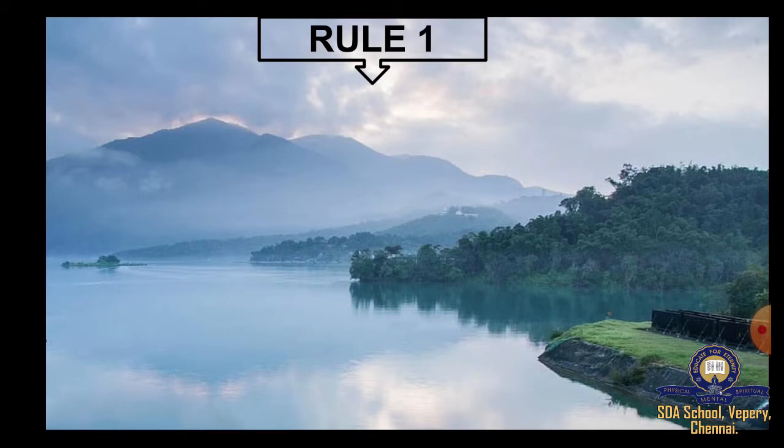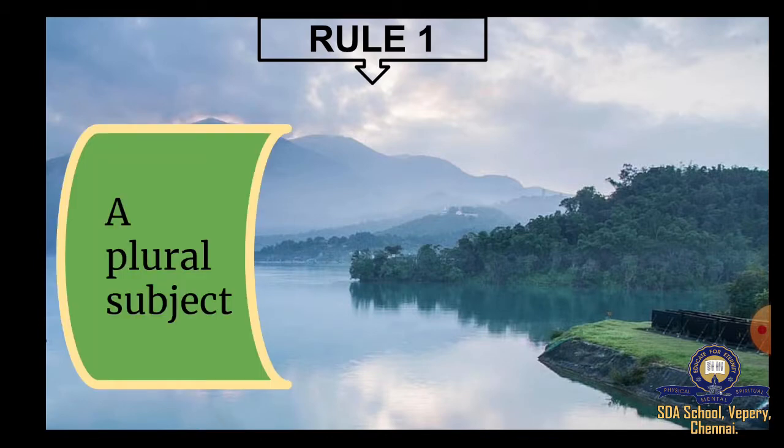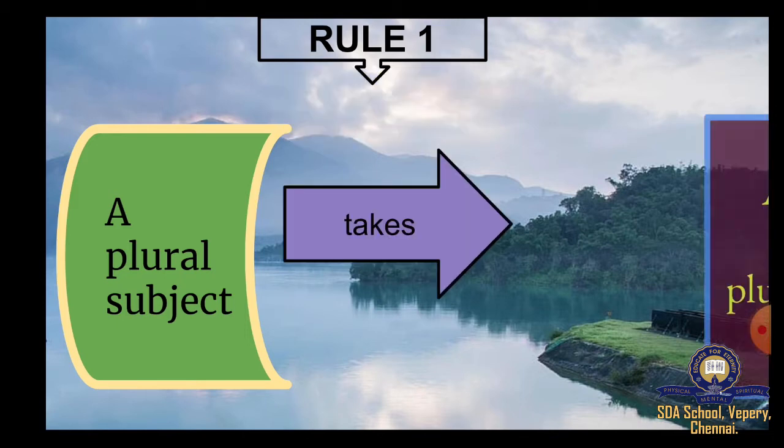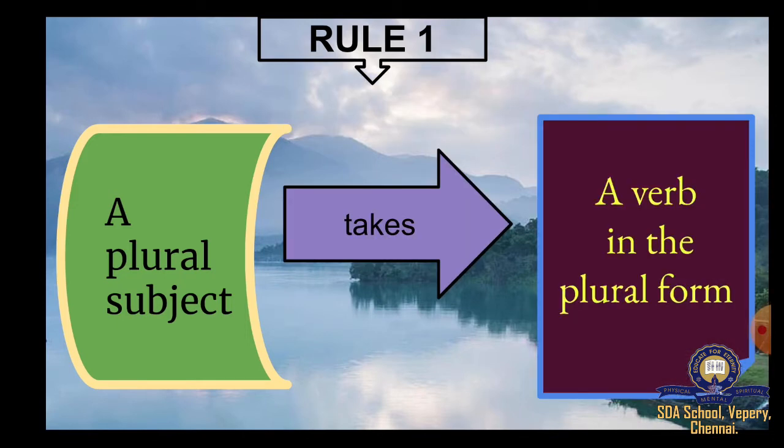Rule number 1. A plural subject takes a verb in the plural form. So when the subject is in the plural form, it takes the verb in the plural form. Likewise, when the subject is in singular, it takes the verb in the singular too.